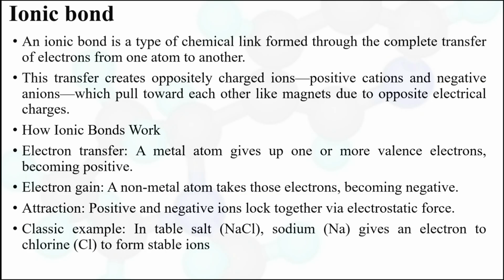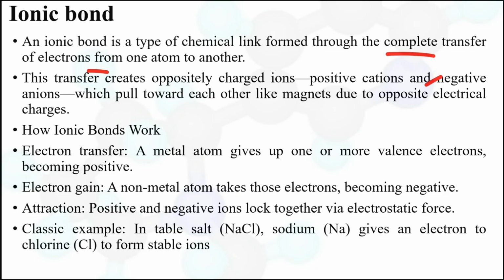At first, ionic bond. It is a bond between two atoms where the complete transfer of electrons takes place from one to another, and this transfer creates oppositely charged ions. One will become a positive cation, one will become a negative anion, which pull towards each other like magnets due to opposite electrical charges.